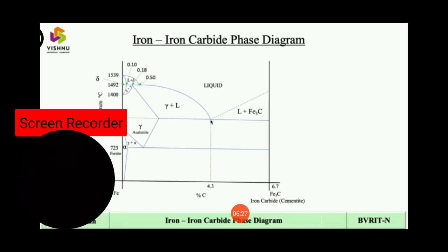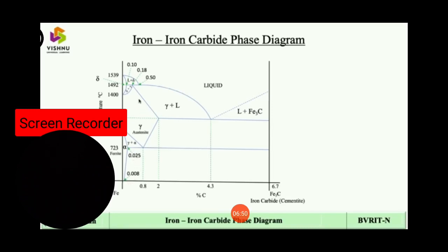Another one at this particular location is 4.3% of carbon, then here it is 2% of carbon, and here it is 0.8% of carbon, and the maximum for alpha is 0.025% of carbon. At room temperature, alpha is 0.008% of carbon.